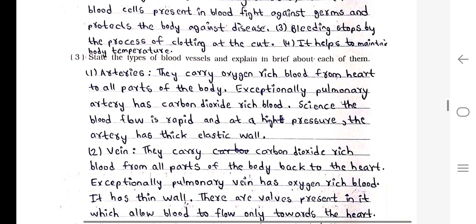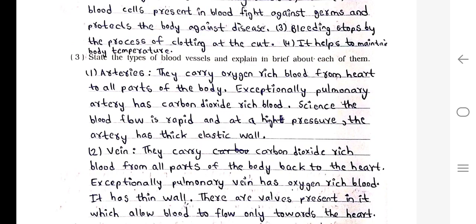Number 3. State the types of blood vessels and explain briefly about each of them. Answer. Number 1. Arteries. They carry oxygen-rich blood from heart to all parts of the body. Exceptionally, the pulmonary artery has carbon dioxide-rich blood.